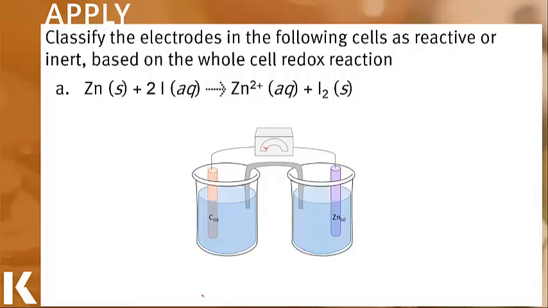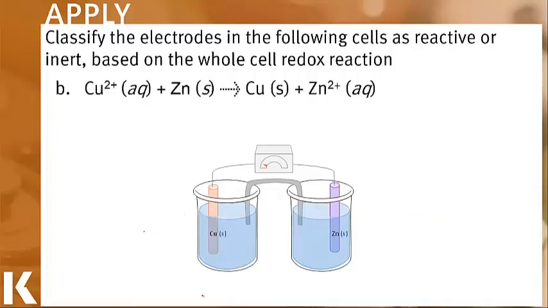I do see on the right that we have zinc as an electrode. Zinc here is then considered reactive because it is in the equation as a reactant, as the electrode itself, and as the product, as the ions. The other electrode is carbon, and carbon does not appear anywhere in this reaction. Because of that, carbon is considered inert.